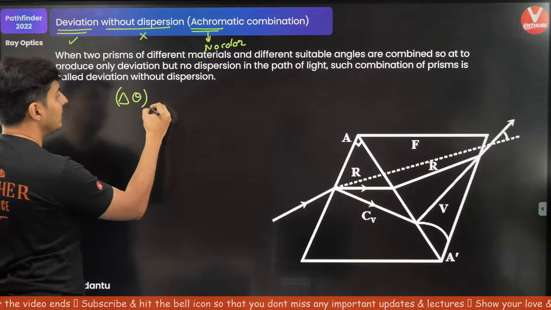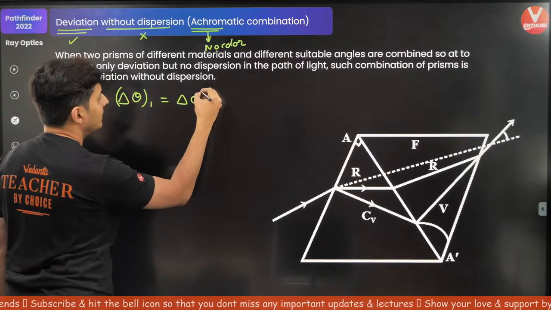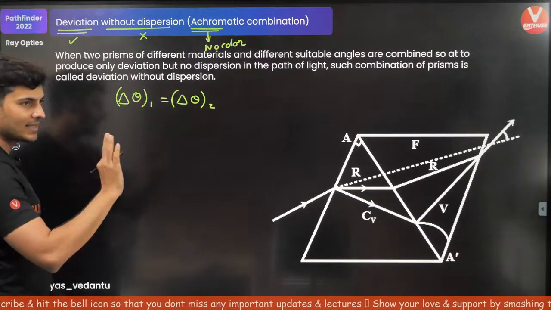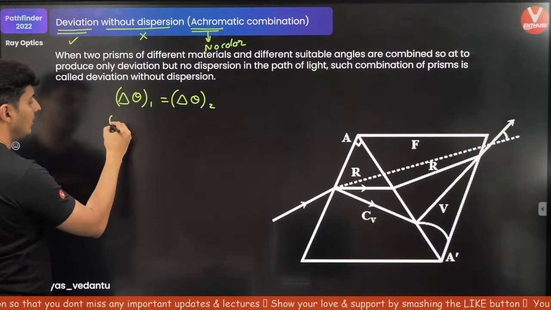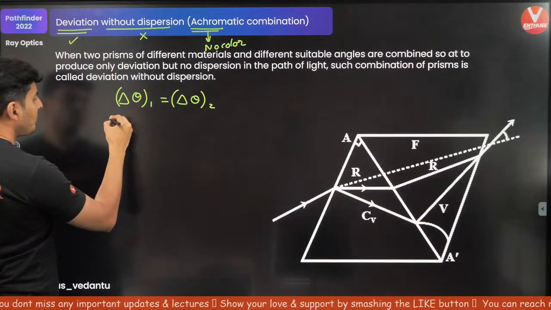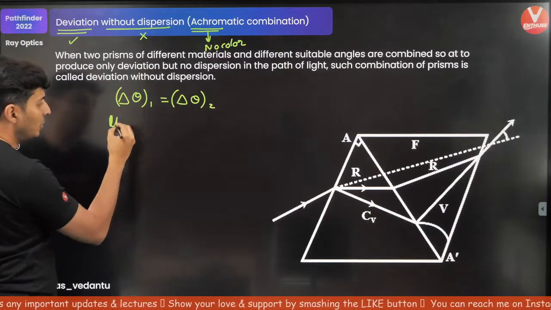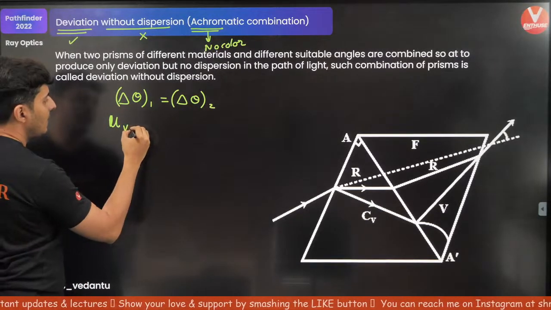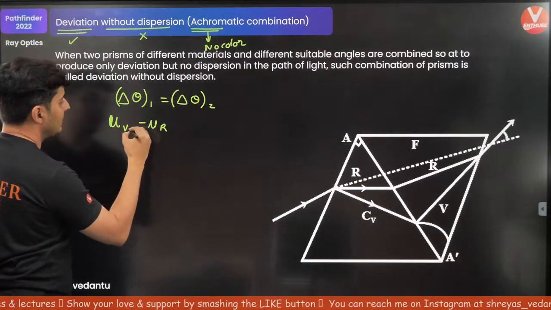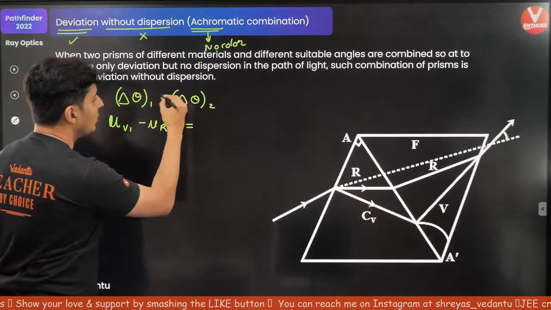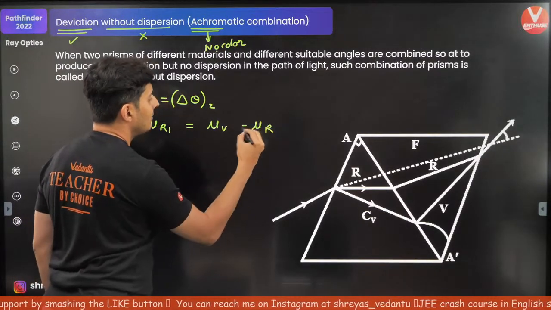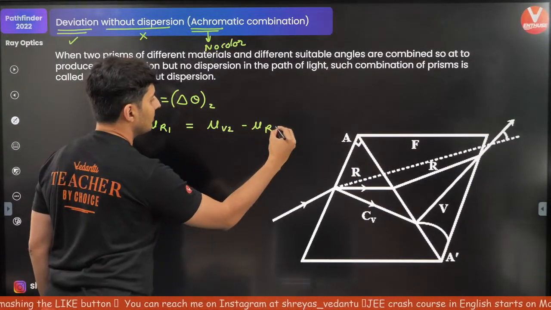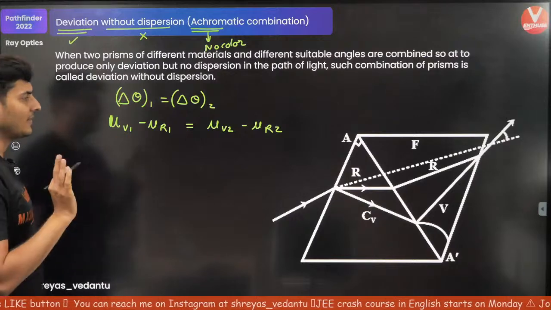So delta theta in the first prism is delta theta in the second prism. That's it. And what is delta theta given by? It is nothing but mu violet minus mu red, but this is in the first prism, is equal to delta theta, which is again mu violet minus mu red, and this is again in the second prism. That's what it says.